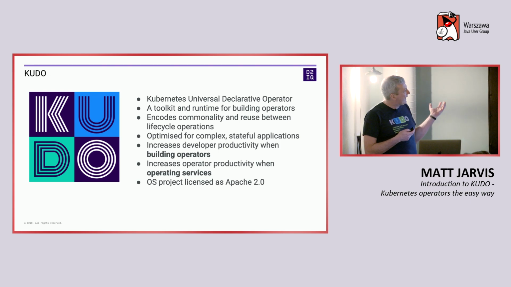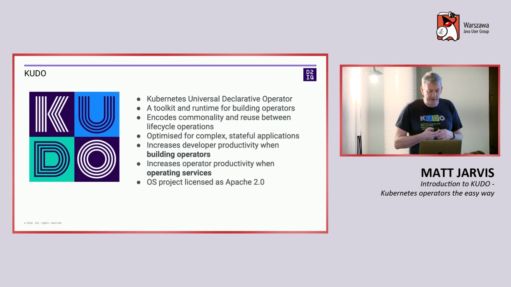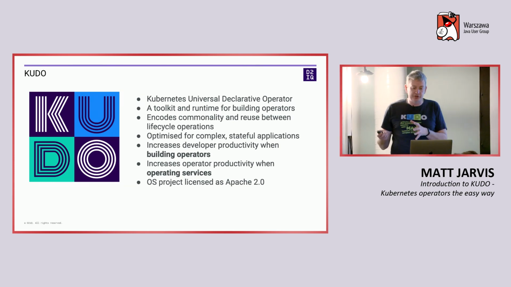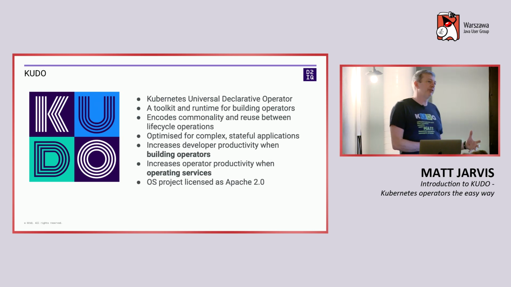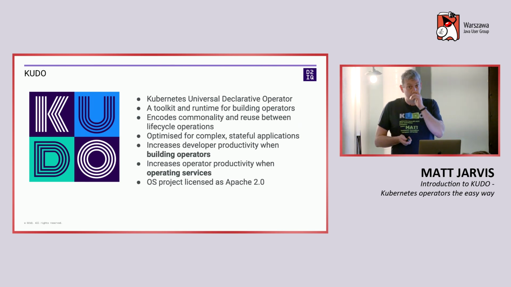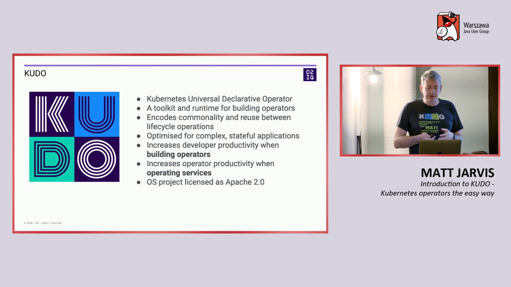And KUDO is an acronym. It stands for the Kubernetes Universal Declarative Operator. And rather than implementing a custom operator for each individual application, KUDO provides this universal operator with a set of concepts built into it that cover a lot of use cases for managing these kind of applications.